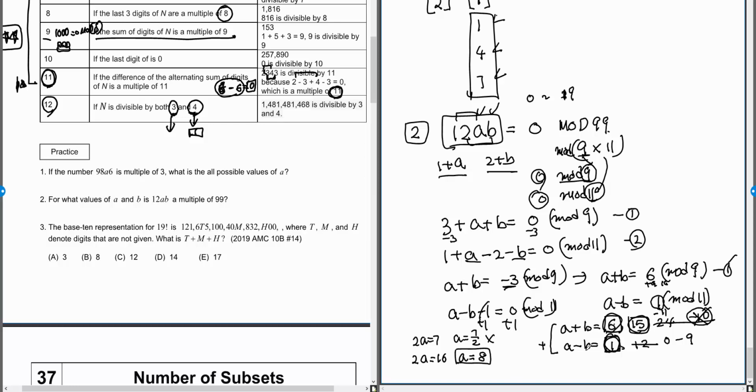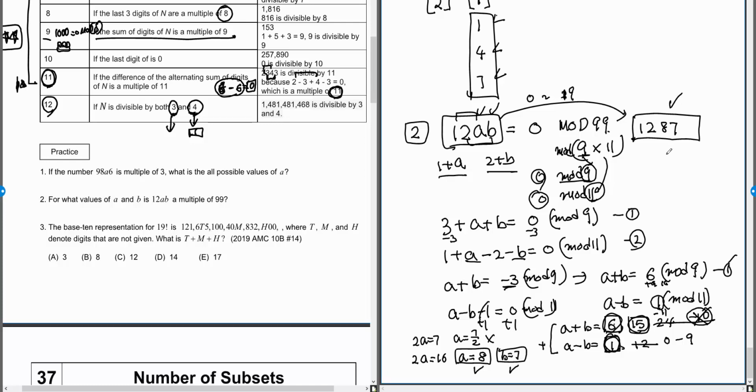What about B over here? A minus B is 7, B is 1, B equals what? 7, isn't it? So this number should be equals, what is that? 1287. But A and B is what? That's the answer, okay? A is 8, and B is 7, but the number is what? 1287.